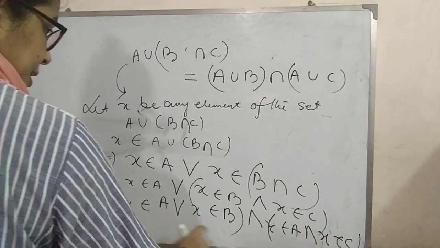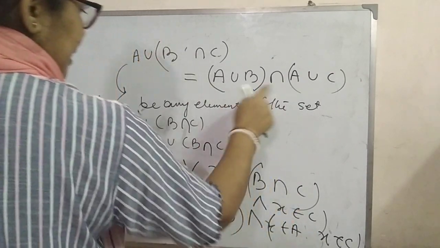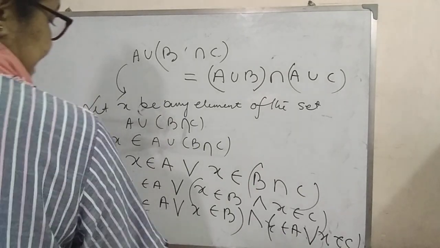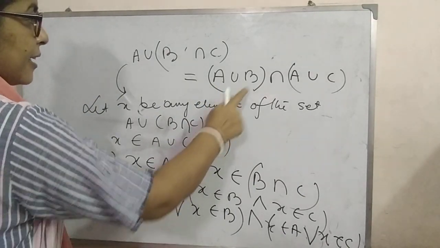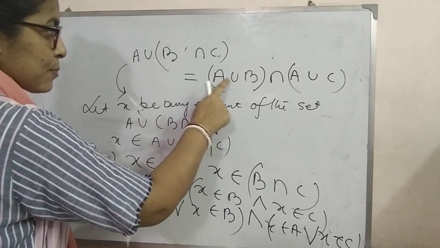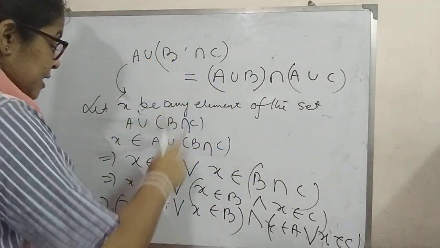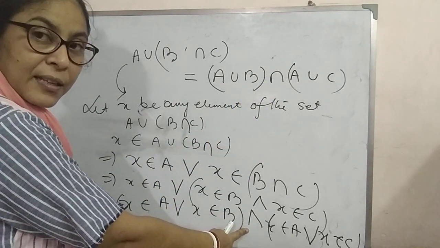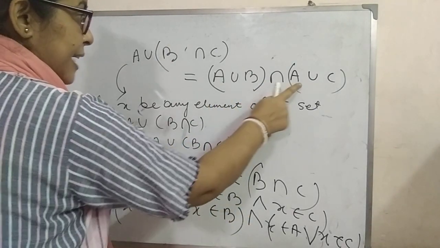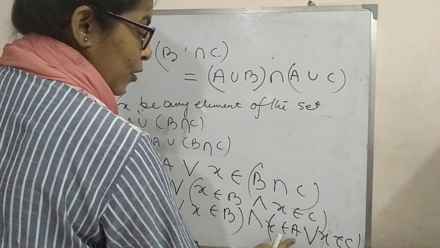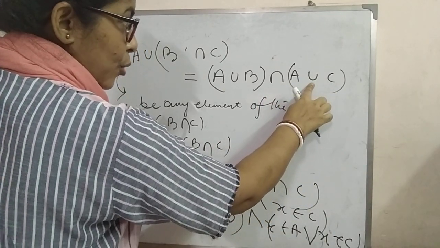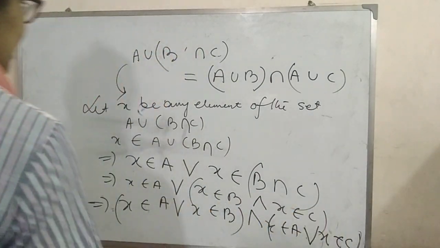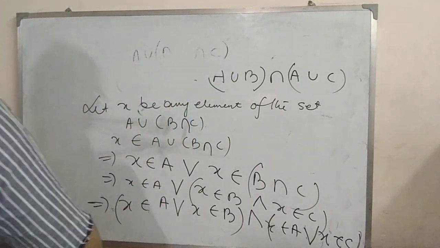X belongs to this, X belongs to this, and this is union. So, union: X belongs to A or X belongs to B. Intersection, that means and, for this portion X belongs to A union, that means or X belongs to C. You will write it in this way.